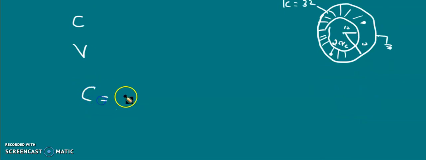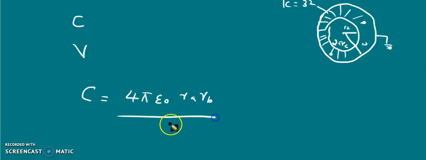First of all, we can calculate the capacitance, and we have seen that the capacitance of a spherical capacitor is given by 4 pi epsilon 0 Ra Rb by Rb minus Ra when the dielectric medium between them is air. So for that, epsilon is epsilon 0.